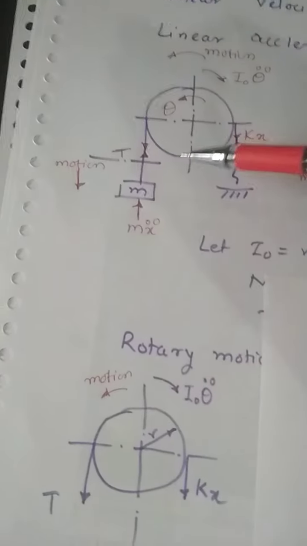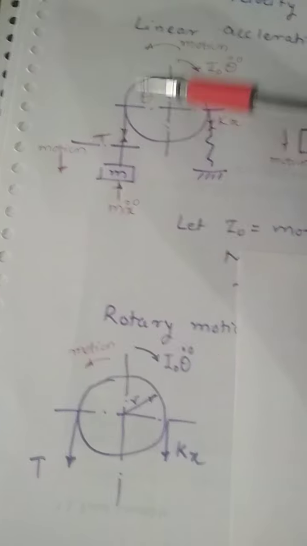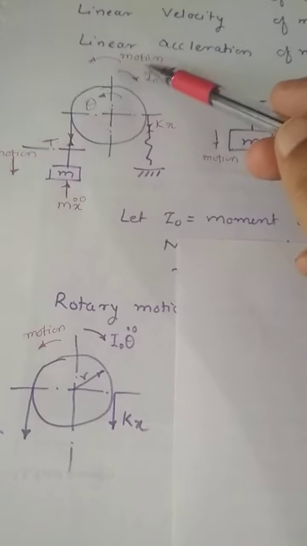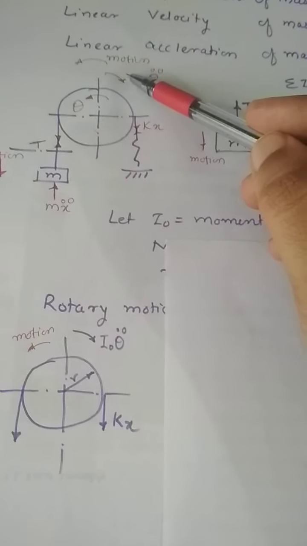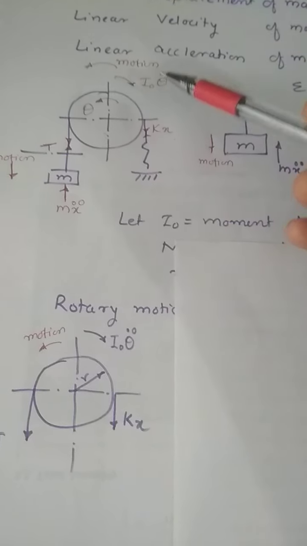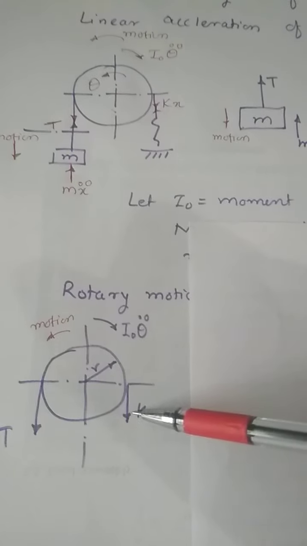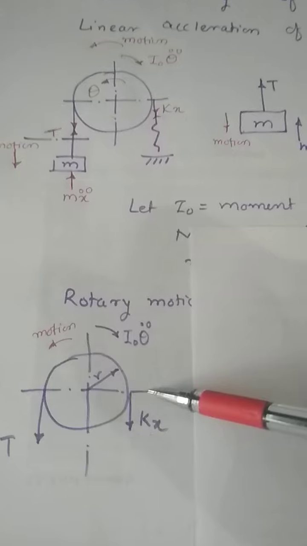Then we will go for its motion analysis. Here you can see the capital T is acting downward, so I have drawn it as capital T. Motion is anti-clockwise, so the I theta double dot will act clockwise, and Kx is a restoring force present in the spring.